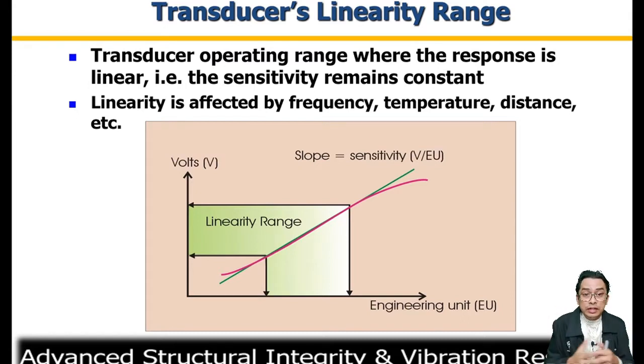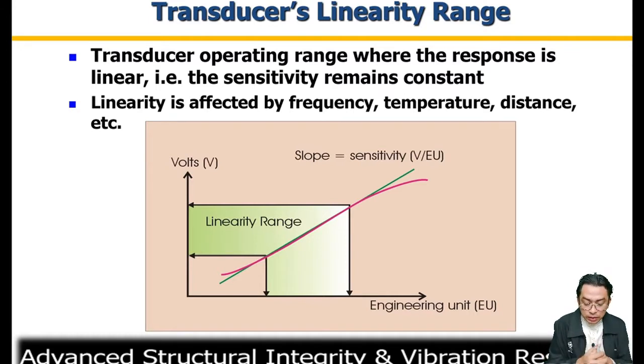It's actually a relation between the electrical signal and the engineering quantity. So basically it's linear, so it's easy for us to predict and to relate the quantities and the signal. However, the linearity is affected by a few parameters.